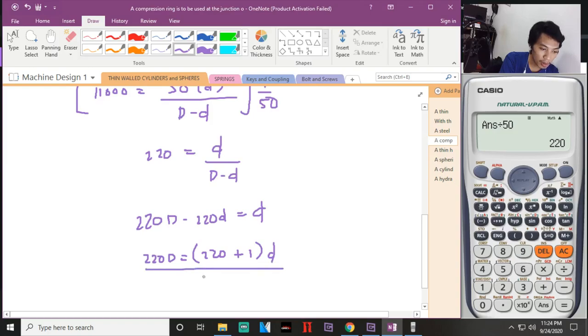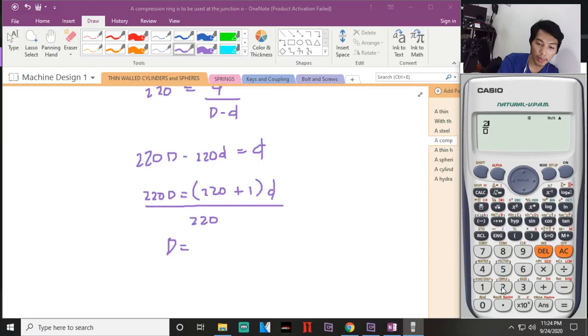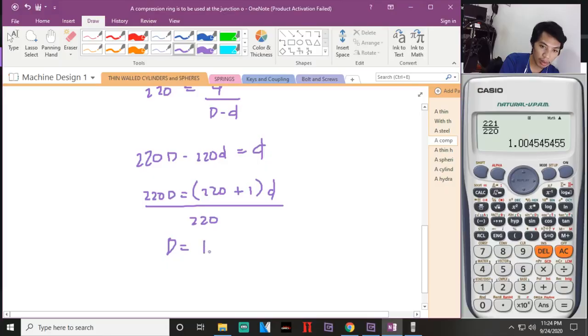Divide natin both sides by 220. Okay? D is equal to, huwag muna kayong mag-around. Okay? 221 divided by 220. The answer will be 1.004545545 d. Maliit na d.